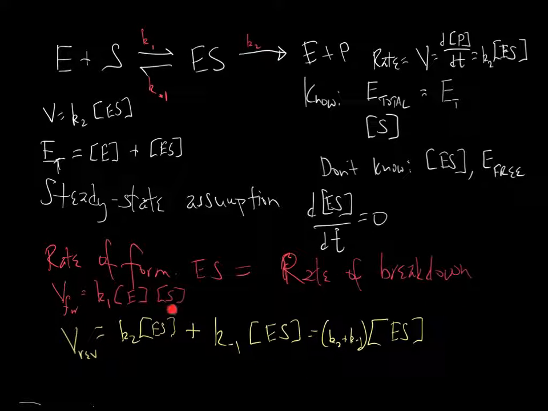The rate going forward has to equal the rate going backwards, so therefore what that means is we have K1 times E times S is equal to K2 plus K minus 1 times ES.